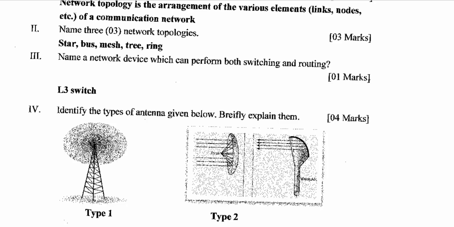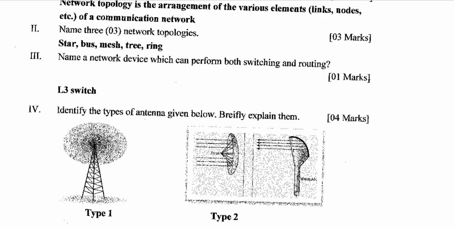Part 4. Identify the types of antenna given below. Briefly explain them. Type 1 and type 2. Type 1 is omnidirectional and type 2 is unidirectional. And type 1 uses radio signal. If you consider radio broadcast and televisions, the signal used is radio signal.